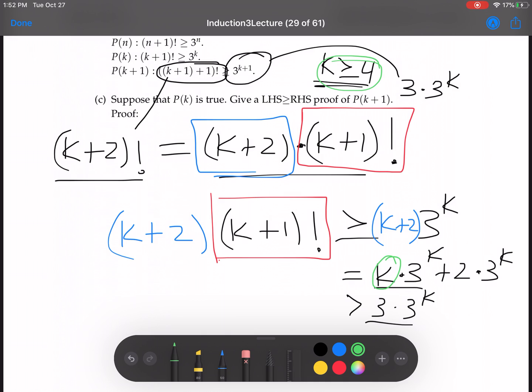So that's 4 times 3 to the k, or bigger. So 4 times 3 to the k or bigger is definitely bigger than 3 times 3 to the k. That's that there. And with this part here, we can just put 0 there, right? Because 0 is definitely smaller than 2 times 3 to the k. And this is all we need, 3 times 3 to the k. That's 3 to the k plus 1, so we've got it.